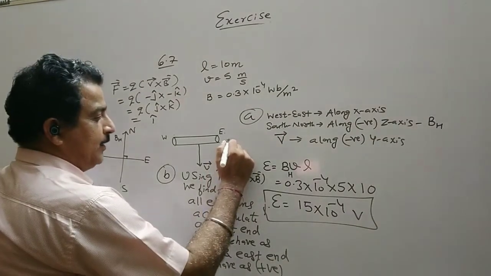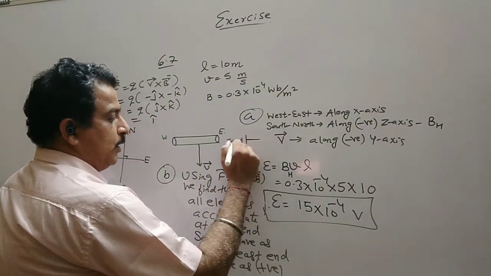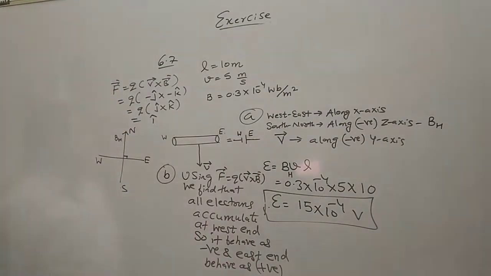So the equivalent circuit will be like this: east will behave like a positive terminal, west will behave like a negative terminal.